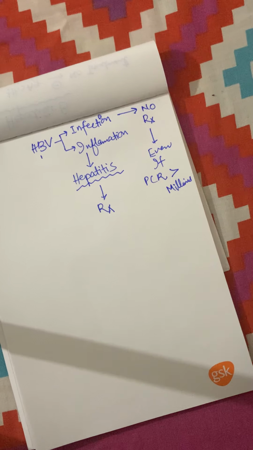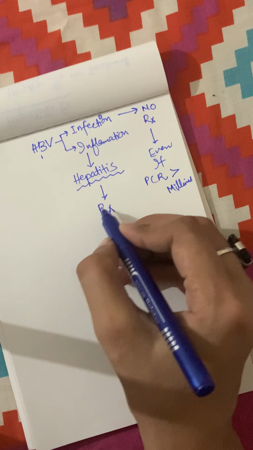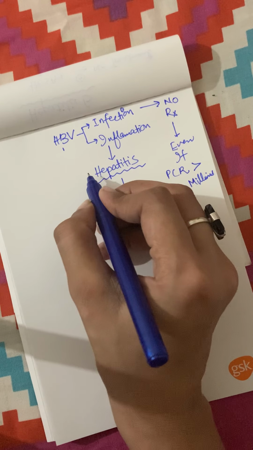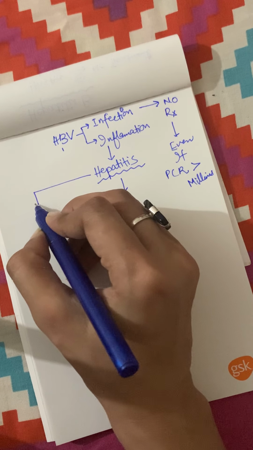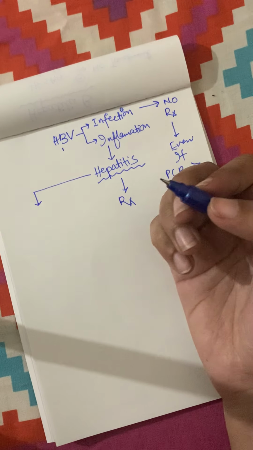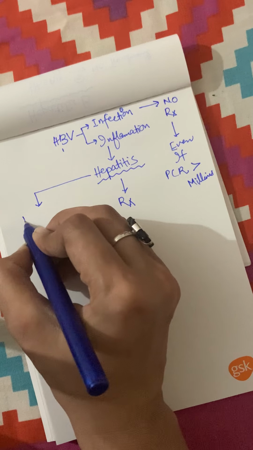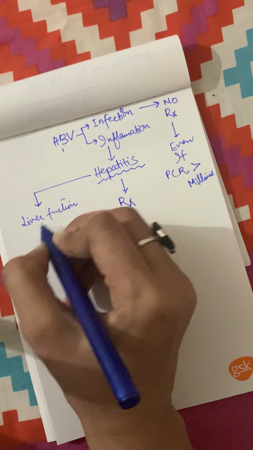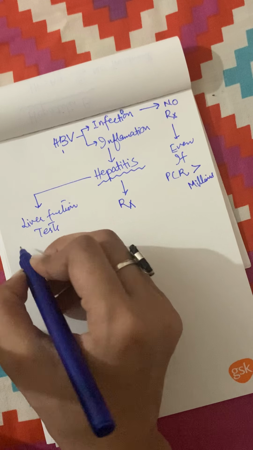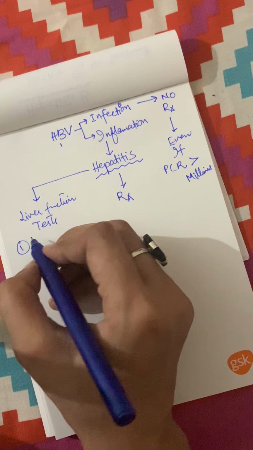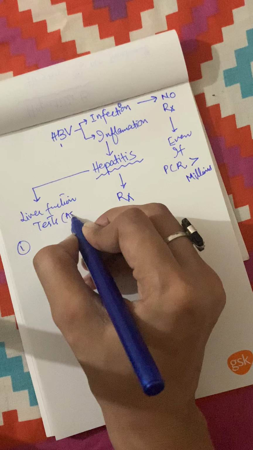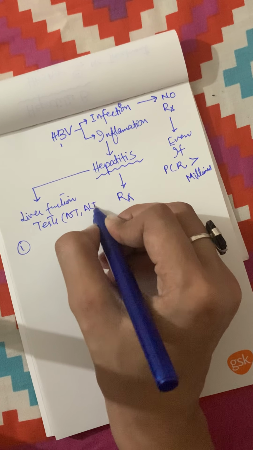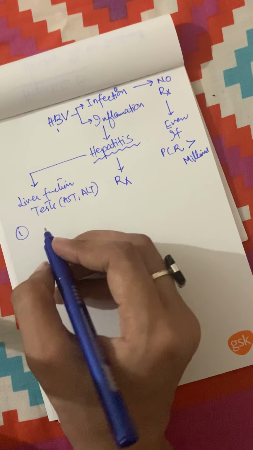If it causes hepatitis, then we have to treat it, and we look to see whether it has caused hepatitis or not through the liver function tests, mainly ALT. It contains AST and ALT, and we mainly see the ALT.